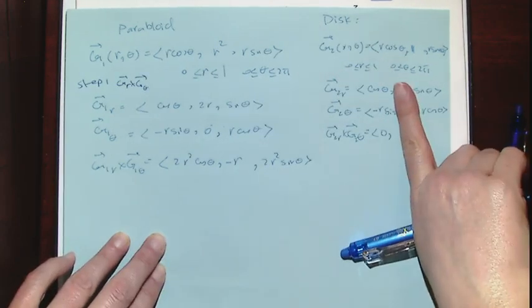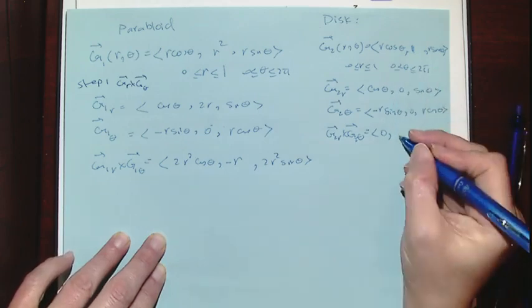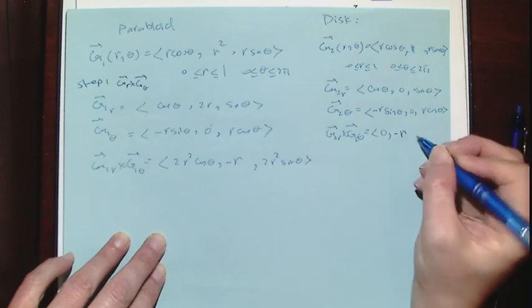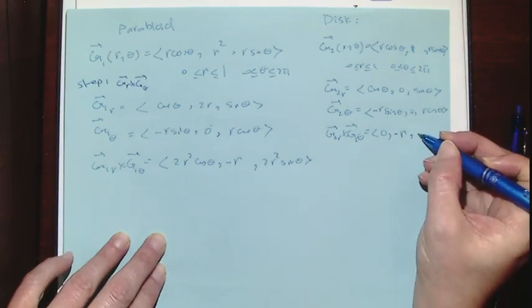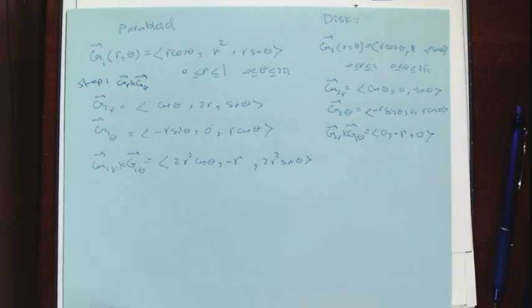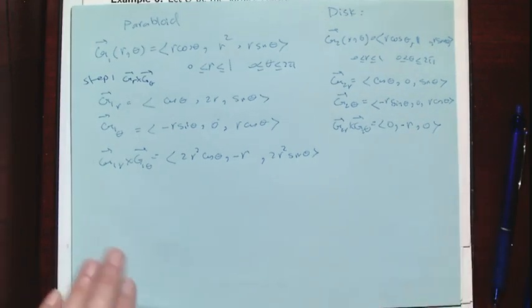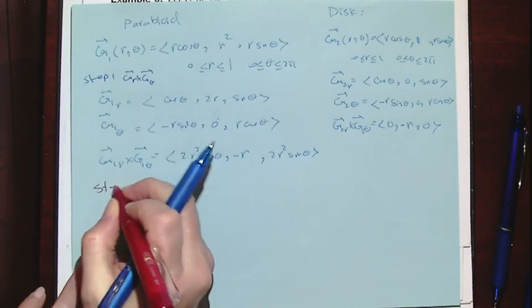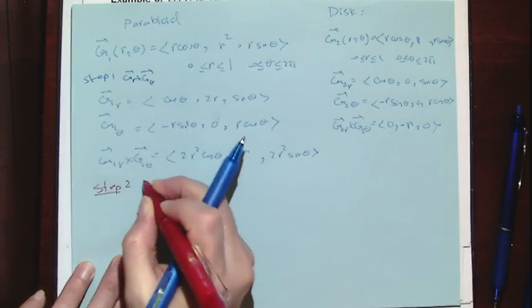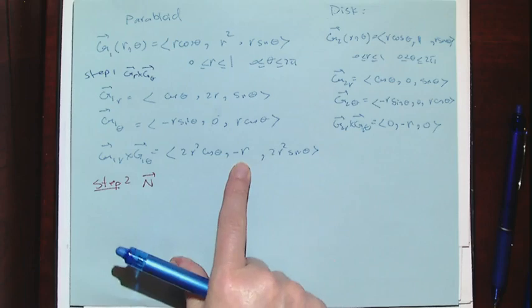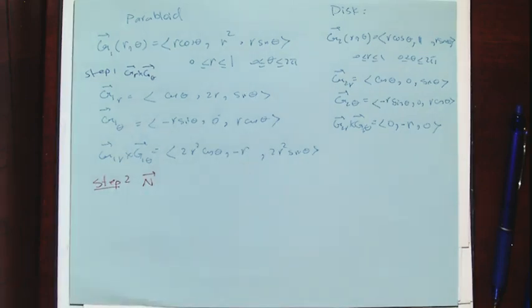The second one is minus r cosine squared minus r sine squared, which is minus r. And then 0 again. Now step 2, n. Is this n in the right direction? Am I getting negative j? I'm getting negative j, so this is correct.